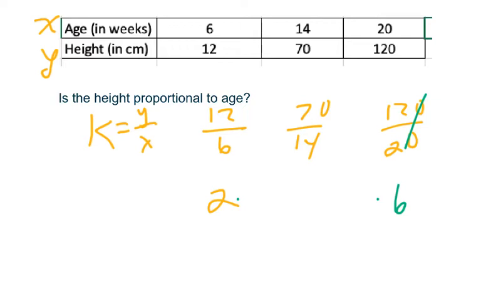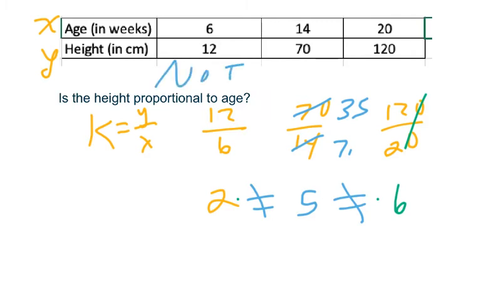And then this one here, there's not a lot to do there except reduce. And so if you reduce by 2, that goes to 7, that goes to 35. And then as we can see there, it's much easier to look at what 35 and 7 work with. 7 goes into 35 5 times. So 2 does not equal 5, and 2 and 5 both do not equal 6. And therefore, this is not proportional.